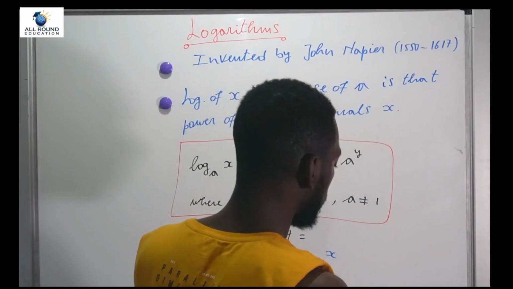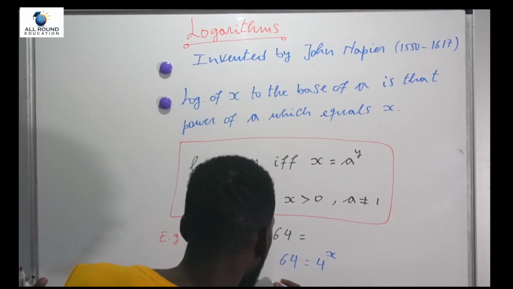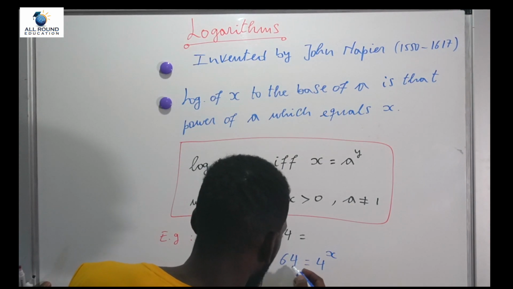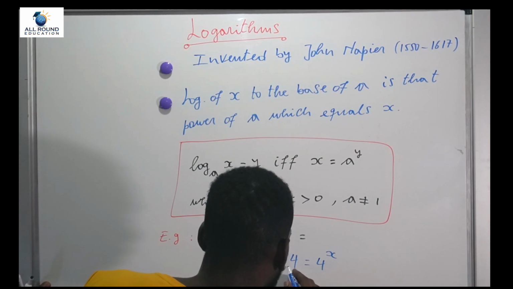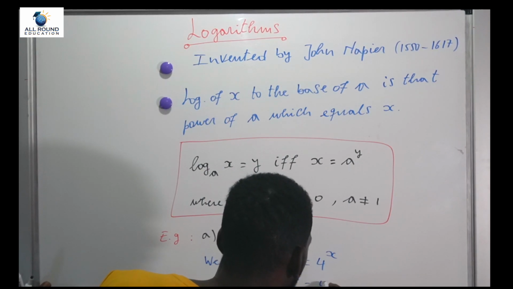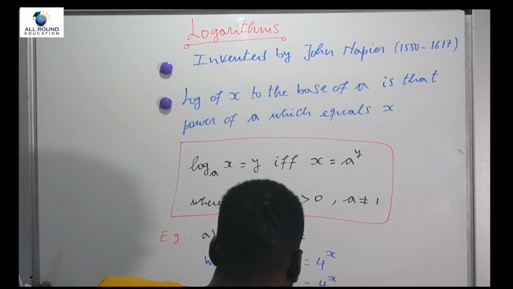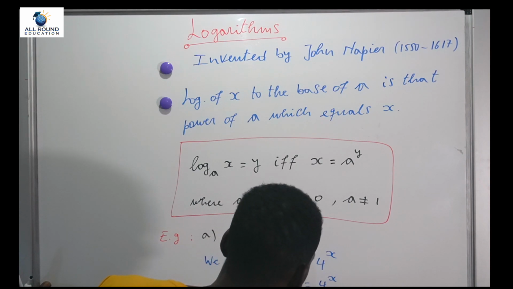Remember in the previous video I said change the base to make them the same. We know that 64 is the same as 4 cubed, equals 4 to the x, and therefore we can equate the powers, and we have x equals 3.